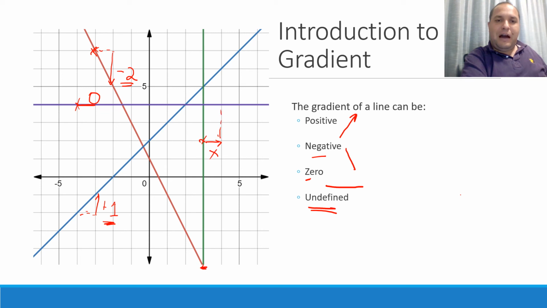I can't go up any distance or down any distance to reach my line again. So a vertical line is undefined because if I go 1 square across, I can't go up or down any distance and reach my line again. It's undefined.